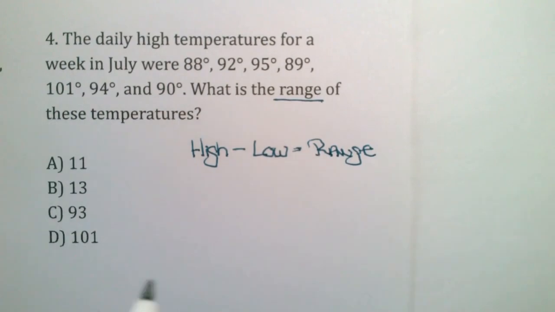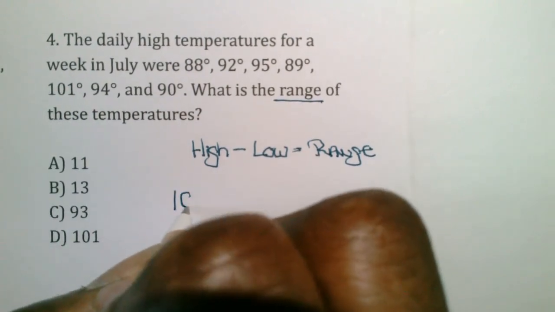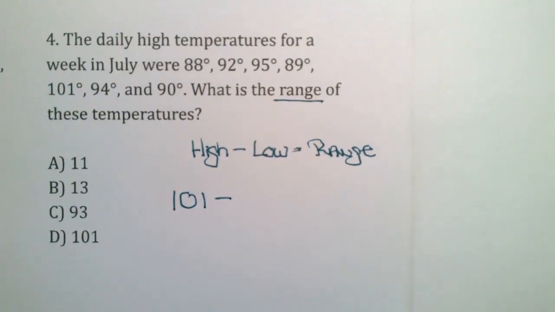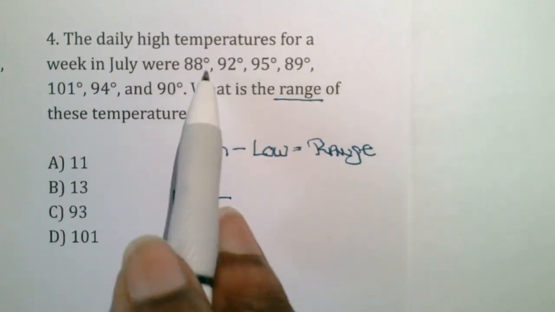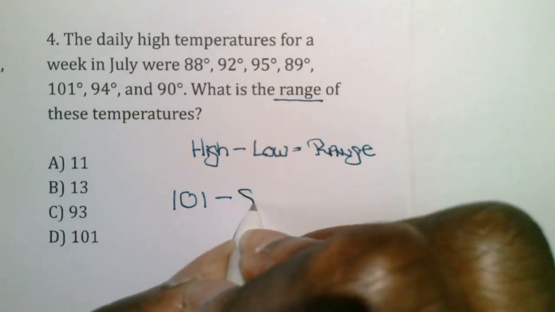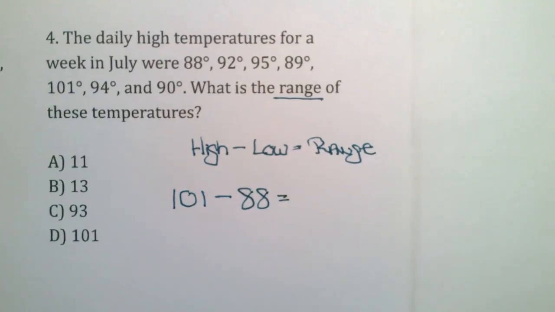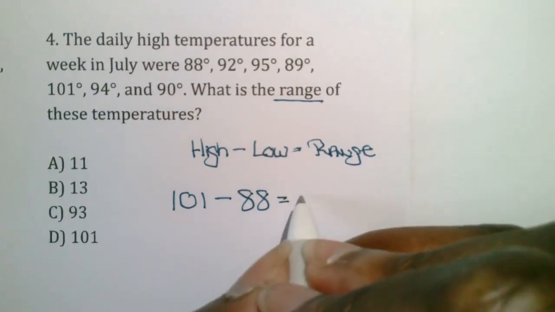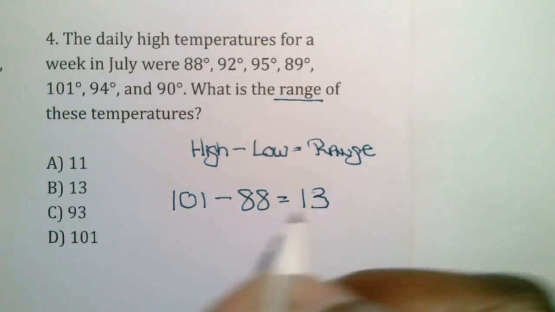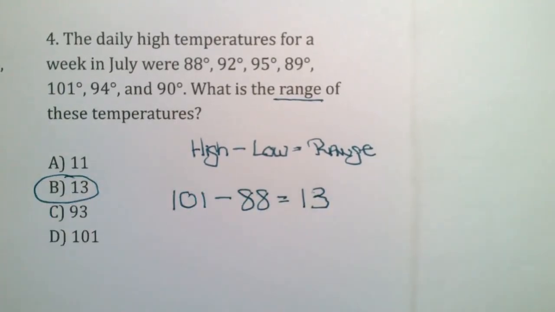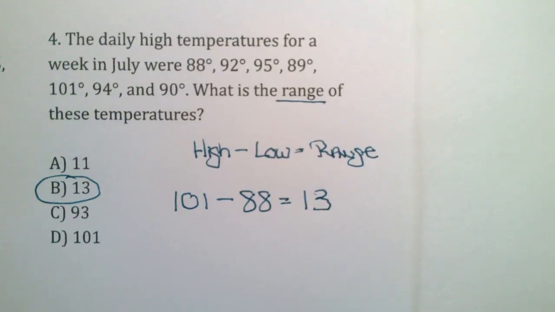So our highest is 101, and our lowest is 88. So 101 minus 88 gives us 13, which is B.